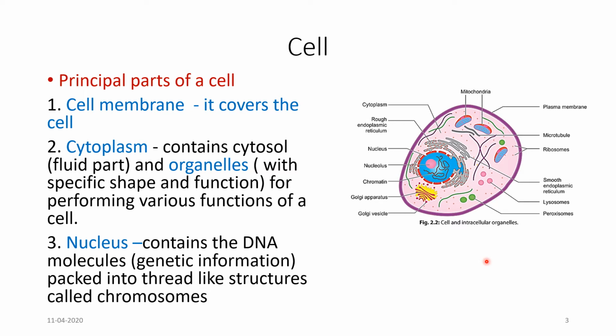So the principal parts of a cell are the cell membrane, the cytoplasm, which contains the cytosol, the fluid part, and the various organelles which you are seeing in this picture, and the nucleus, which contains the genetic material that is packed in thread-like structures called chromosomes.